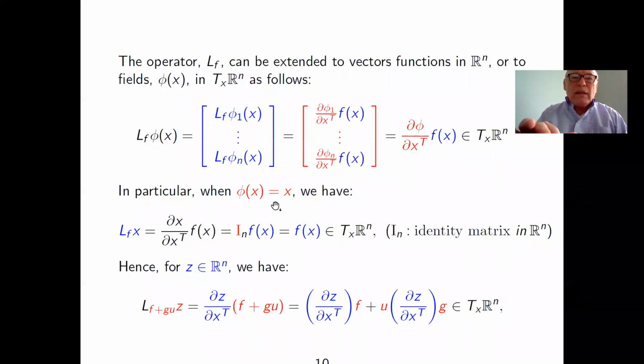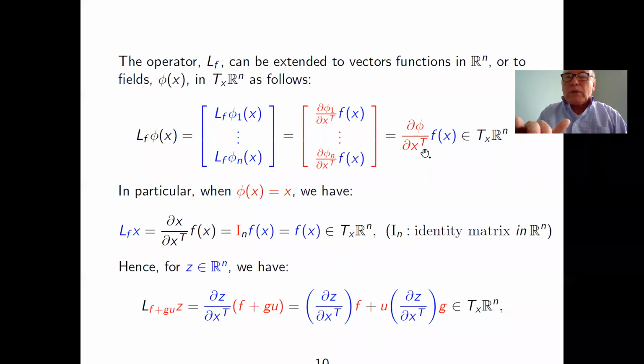Well, it turns out that if phi of x is just x, we can take the directional derivative of the components of x along the direction f, the fixed direction f, which is also a function of x. So when we apply the definition, we will have the gradient of the vector function with respect to x. This is a matrix now. This is the partial derivative of a vector function with respect to the vector of states.